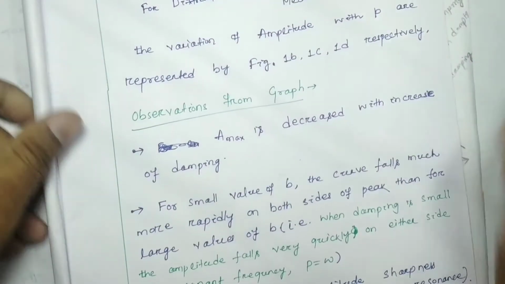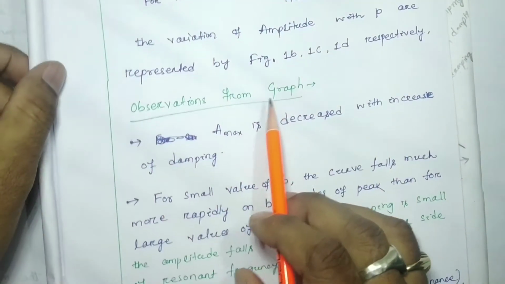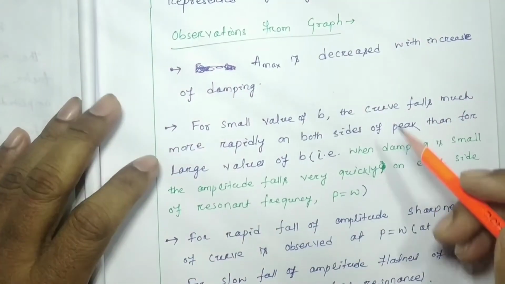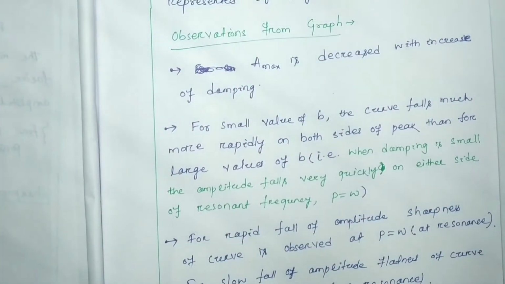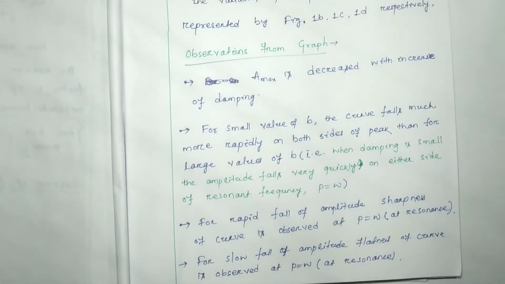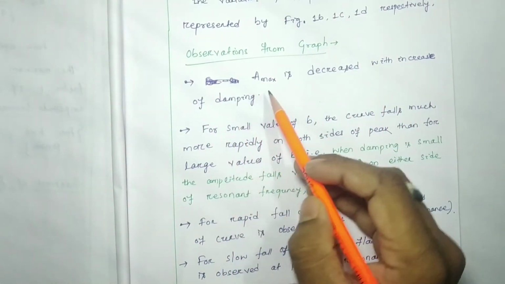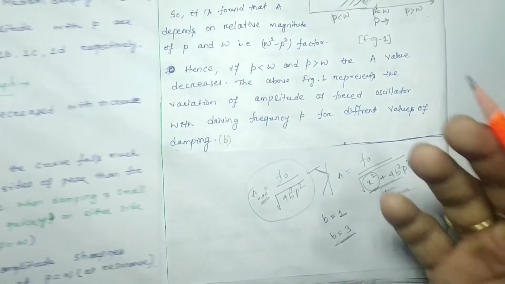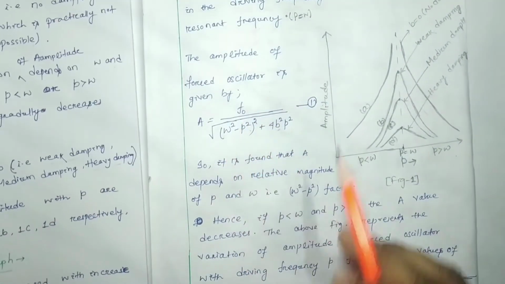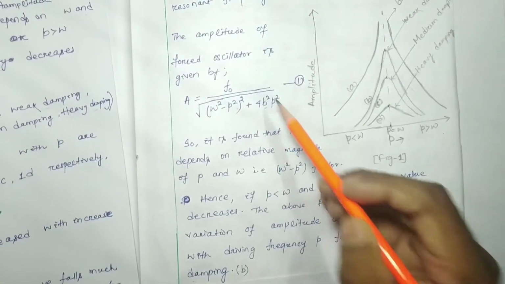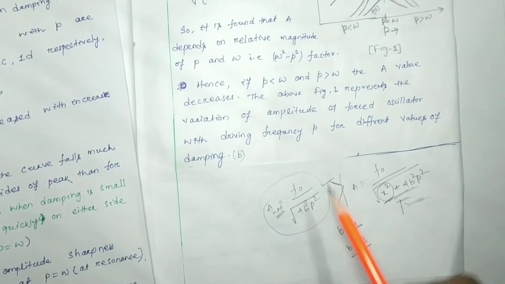Next, what are the observations from the graph? I have given 2-3 points, you just follow them. First point: a maximum decreases with increase of damping. Whatever we found mathematically, here I explained that if damping b is increased, a max is decreased.